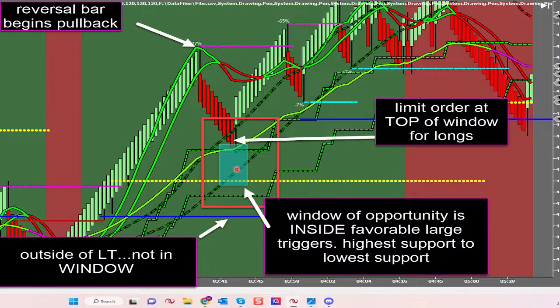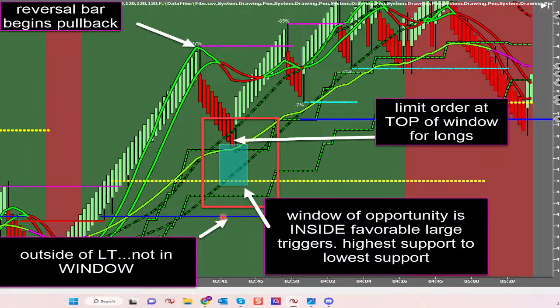This blue box identifies where there's most likely to be a bounce to continue with the trend. Because of the momentum on the large chart, because of the clear path on the large chart, you're going to activate a limit order just above the highest point of support. And you're going to hope that the small crowd gets to you. Because if they do, you'll be in a long trade with every advantage.